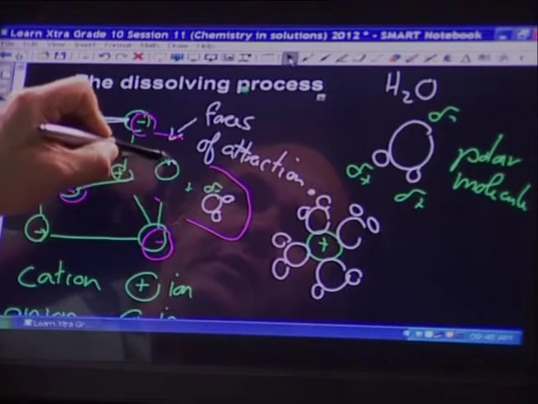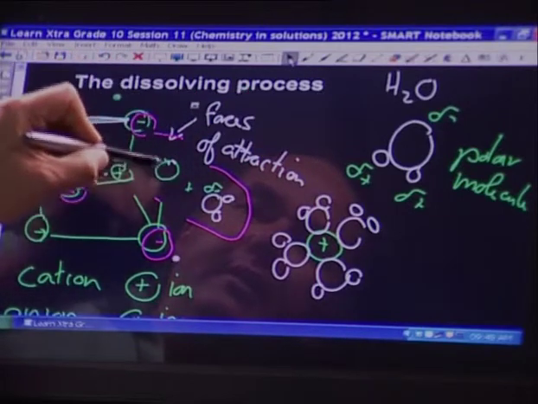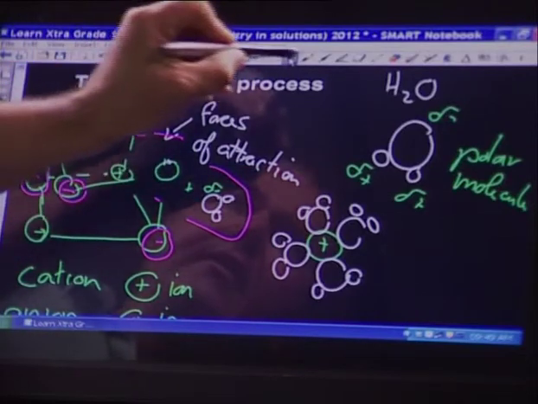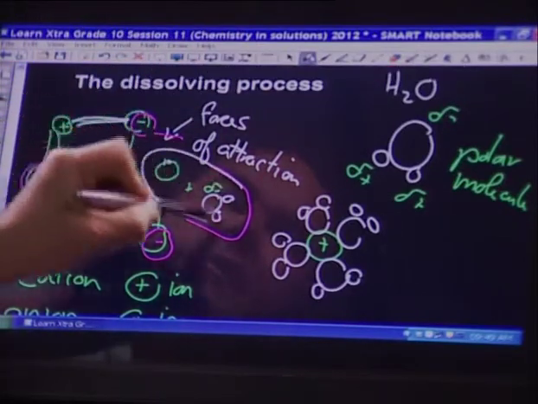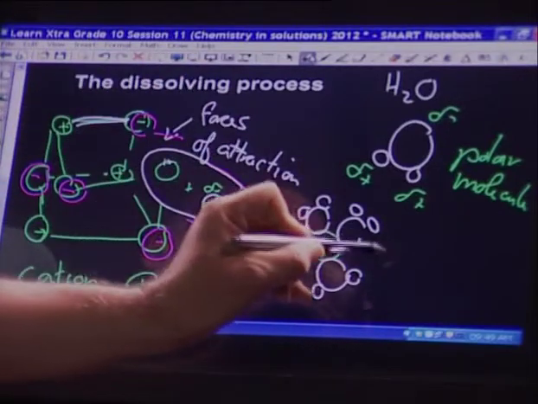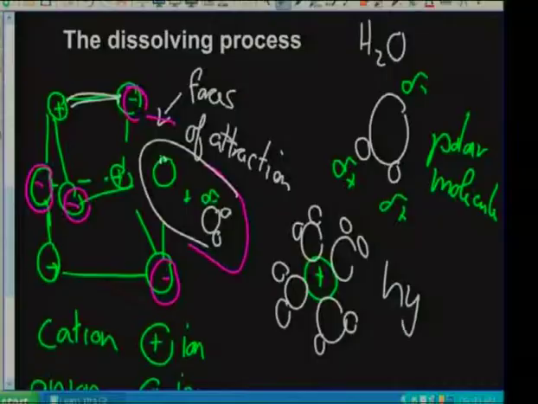Select that one, just that one, and it's not coming. So I want you to see that separates. That little region separates, and it becomes an individual surrounded by water molecules. We say it is hydrated. Hydro, water. Hydrated means the ion is surrounded by water. So the process of dissolving is a process of hydration.